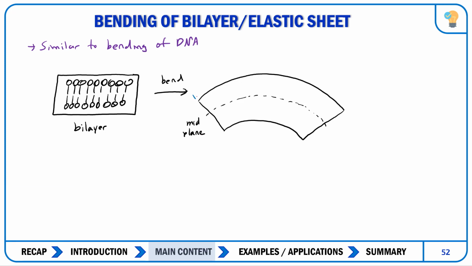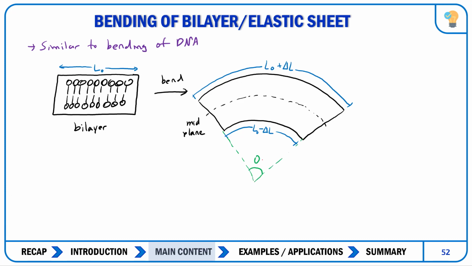We also have this being L0 plus delta L. So basically this would originally be a length of L, but now the top part has been stretched by a distance of delta L, and the bottom part has been compressed by delta L. And then put this together.